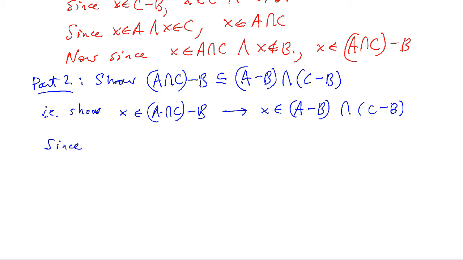I'm going to say that if x is in A intersects C minus B, then it's in A intersects C. That means it's in both A and C, but not B. If it's in A and not B, then it's in A minus B. If it's in C and not B, then it's in C minus B. And if it's in both of those sets, it's in their intersection. That's what I'm going to do here now.